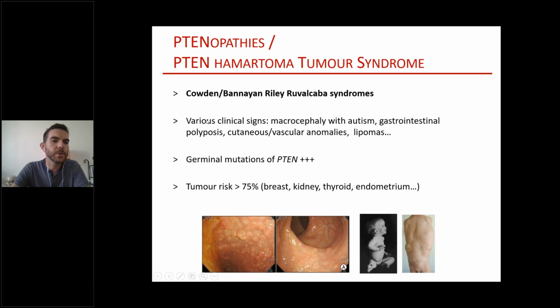Patients with Cowden syndrome present with very various clinical symptoms, including macrocephaly with autism, polyposis, or anomalies of the vessels and the skin, or lipomas. So this syndrome is caused by germinal mutations of PTEN, and the tumor risk in patients with Cowden syndrome is very, very high, meaning that those patients should benefit from tumor screening, especially for breast, kidney, thyroid, and endometrium.